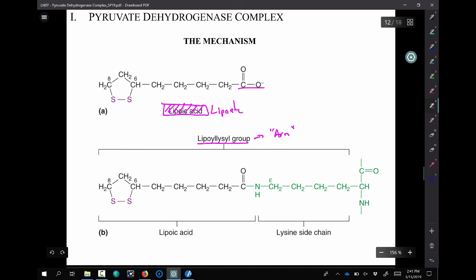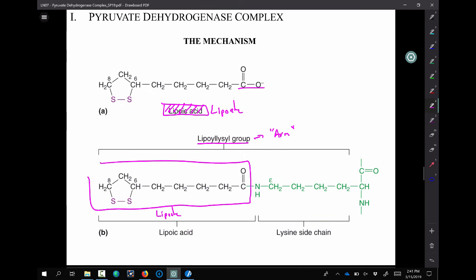Okay, here is lipoate. It's essentially a fatty acid coenzyme that is covalently bound to a lysine side chain. And then all of this here would be E2.